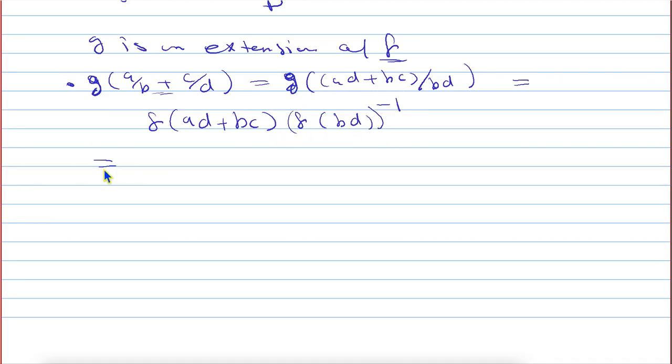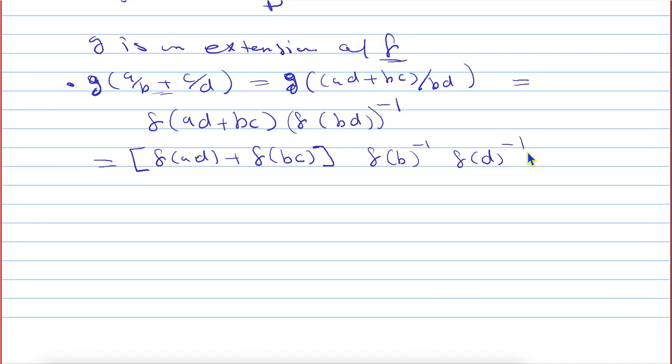So this equals, because F is an isomorphism, so it is also a homomorphism, of course, F of AD plus F of BC into F of B inverse into F of D inverse.